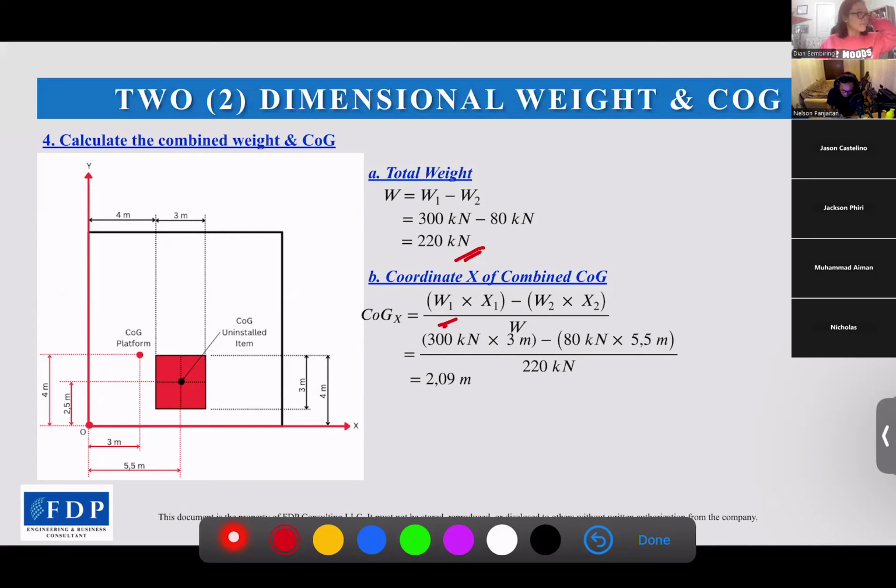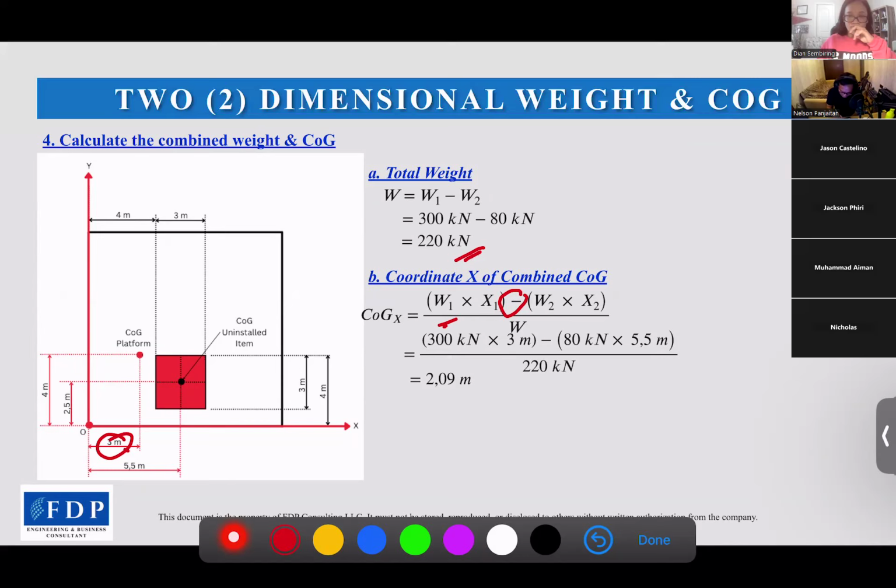All right. So the weight of item 1 is 300 kilonewtons, times the coordinate x of COG item 1, which is 3 meters here. We use minus here because we need to take out the uninstalled item from the total weight.